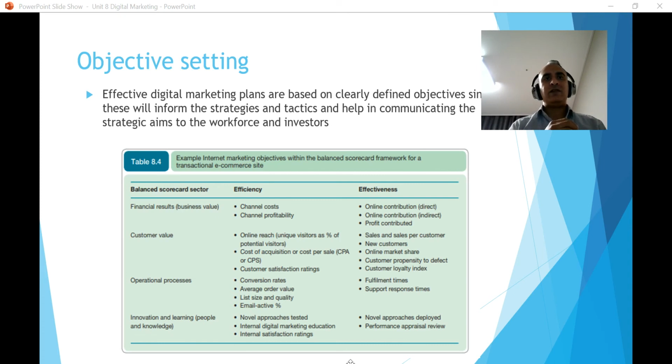We have to understand operational processes, conversion rates. We looked at mostly at that, how many people went in and how many clicked. Okay, so that's important. Or how many times I advertised somewhere and how many times it was clicked. That's important. Or it could be innovation and learning.